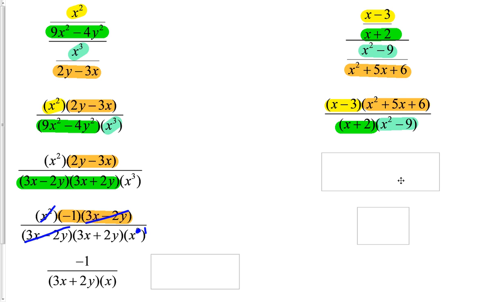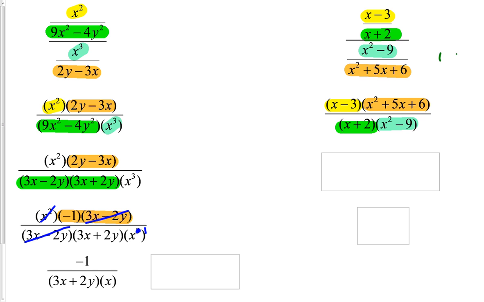So let's keep simplifying here. Nothing immediately can be canceled out, but I see squared terms, which means further factoring may be possible. It's not guaranteed to be possible, but it's worth trying. On the numerator, I see x squared plus 5x plus 6. To factor that, I need to find two numbers that multiply to 6 and add up to 5.